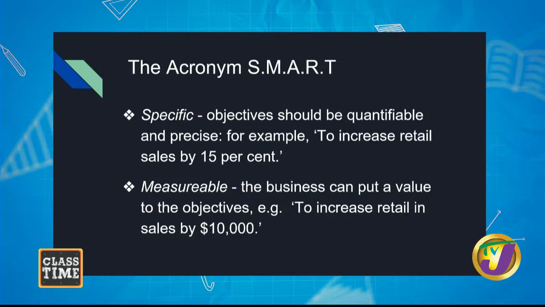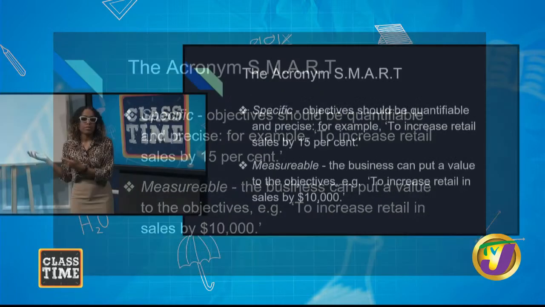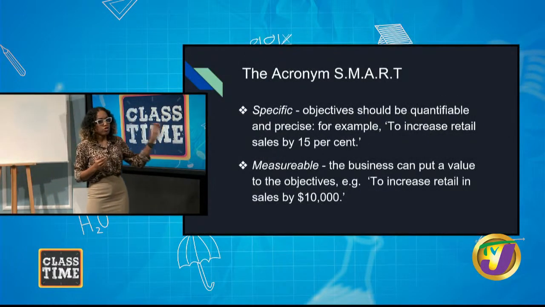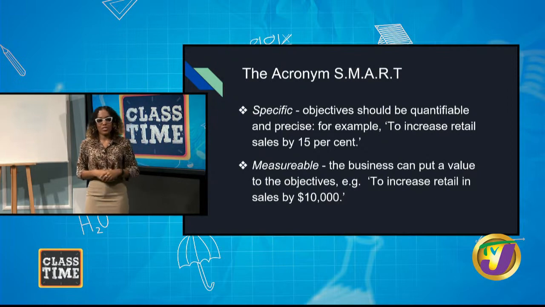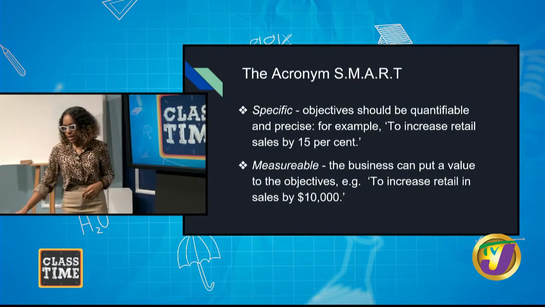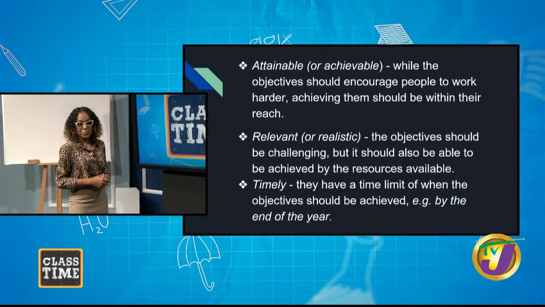So if you look at the example, to increase retail sales by $10,000. So for the first example, it was about percent. So we're just being specific as to how much sales we want to increase by. But for the measurable now, we put in money, we put in figures. You love to hear about money, so we put money into the objective now. So we know what it is that we're going to be achieving, all right?